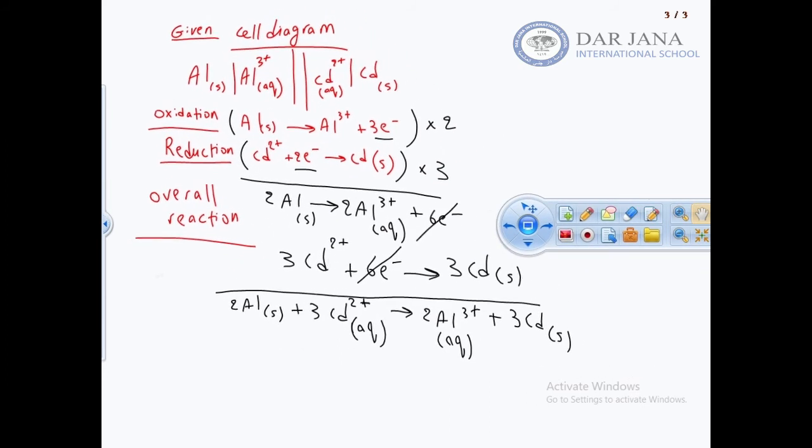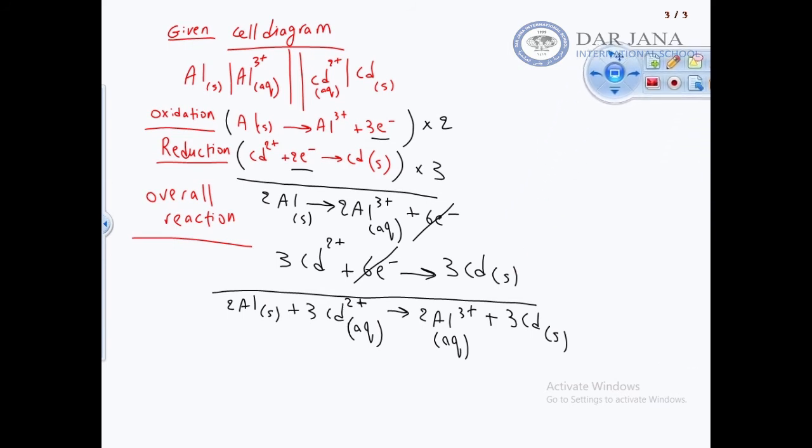So from the cell diagram we knew how to write the oxidation half reaction, the reduction half reaction, and the overall reaction.